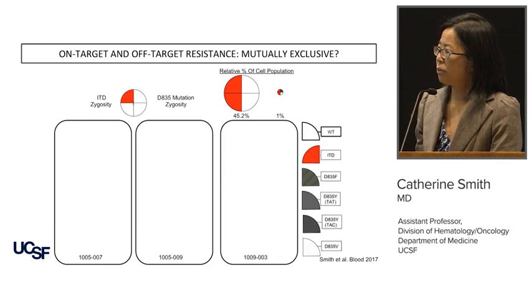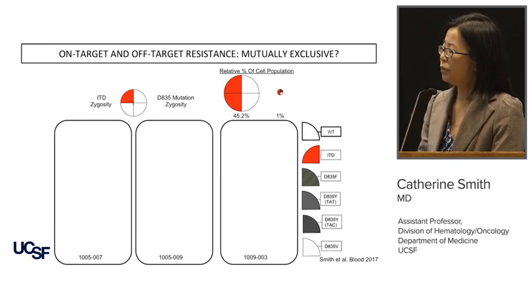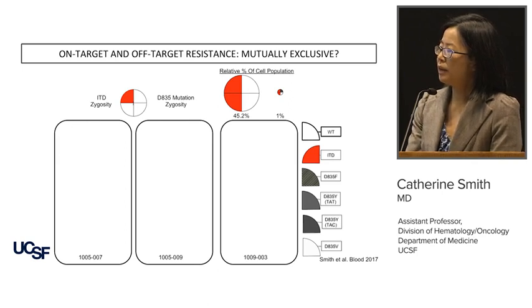And each of these patients is represented here in these squares or rectangles. And we represent the genotype of the population of cells with these circles. So the ITD zygosity is represented here on the right, in which one red square represents heterozygosity for FLT3 ITD, and two red squares represents homozygosity.